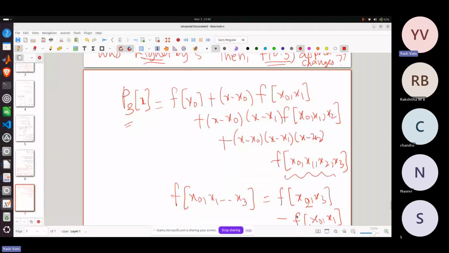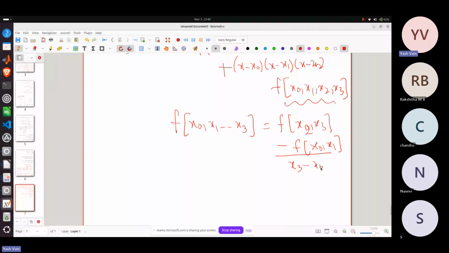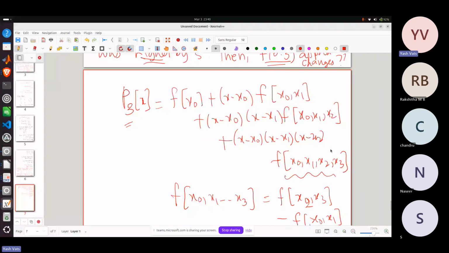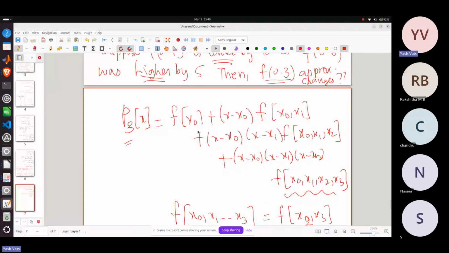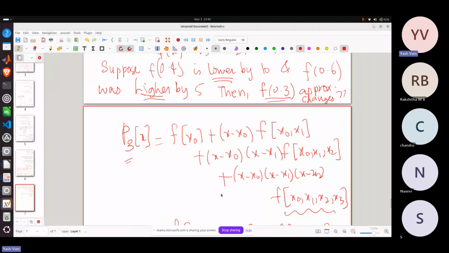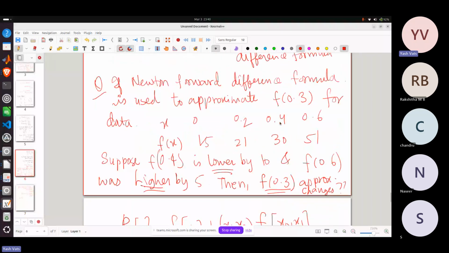Okay, and you know what x1, x2, x3 is. So once you find p3(x), try to find out what p3(0.5) is, and find p3(0.5) again after making 0.4 lower by 20 and 0.6 higher by 556. Just find p3 again.